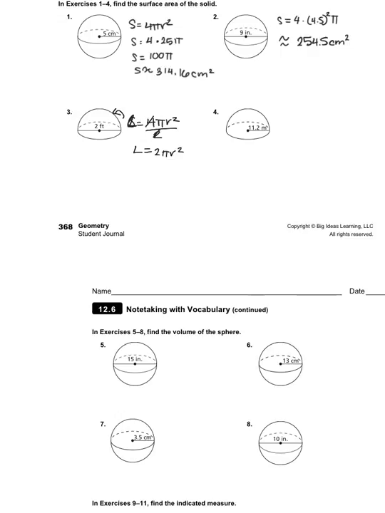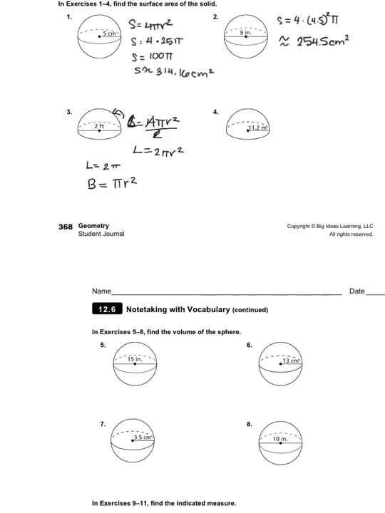Okay, so let's do this first. When we do this, we end up with 2 times, now my radius here is actually 1, they give us the diameter, so it's going to be 1 squared, which is just 1, and then times pi, so that's just going to be 2 pi. Next, we need to find the area of the base. So the base is going to be pi r squared.